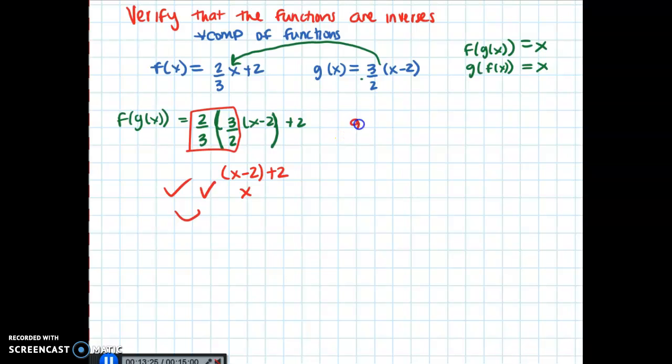So now let's look at g of f of x. It has to go both ways. It is quite possible that f of x works, but g of x doesn't, or vice versa. So this time, all of this is getting plugged in for x right there. So I have 3/2 multiplied by 2/3 x plus 2 minus 2.